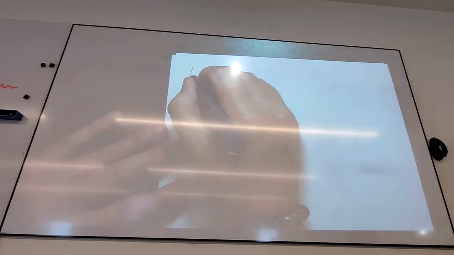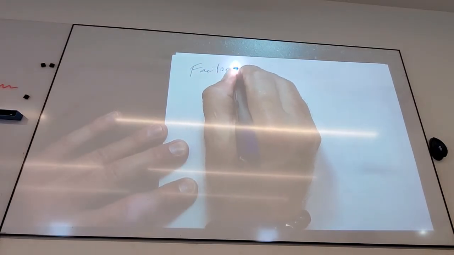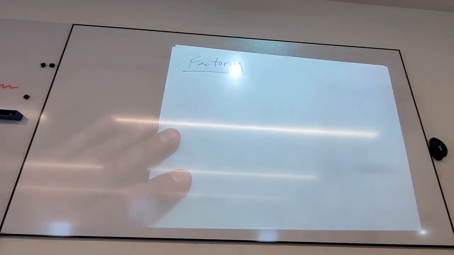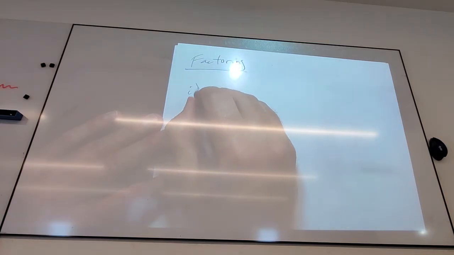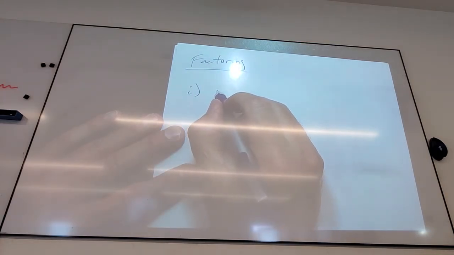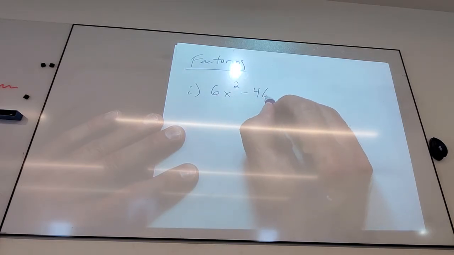Okay. What we talked about last time, let me kind of build back up to it. We talked about difference of squares, but where we start with factoring is we start with GCF. So like, for example, if I wanted to factor that.